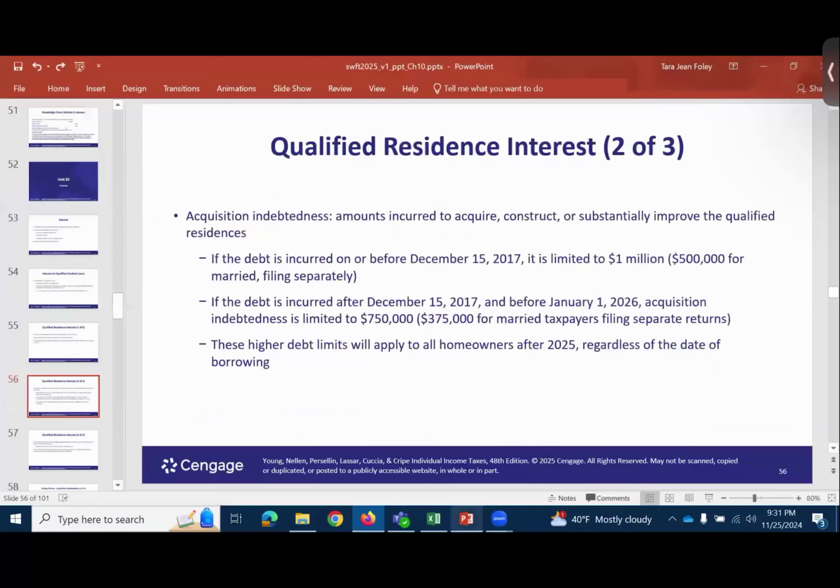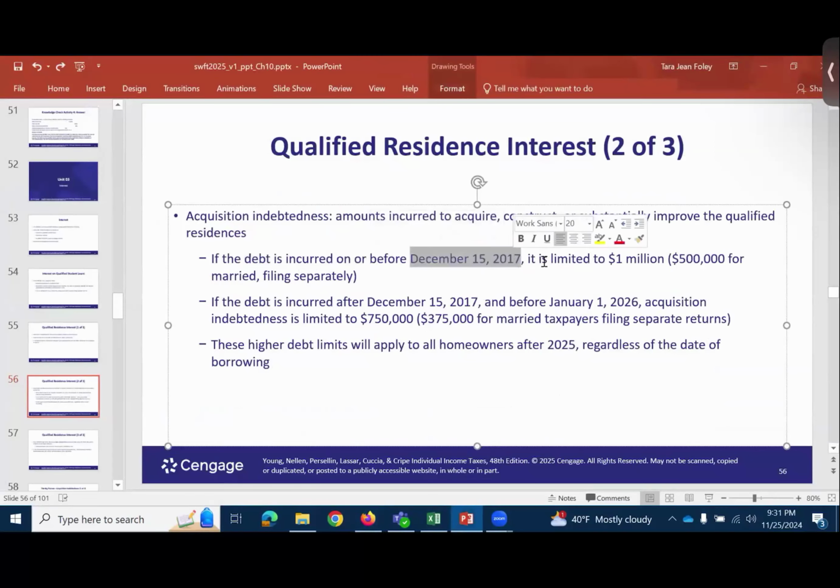So if the debt you incurred from the bank was before December 15th, the interest that you are allowed to deduct is limited to $1 million. Because maybe you're buying a $20 million house and you have $1 million of interest each year. It's limited to $1 million. If the debt was incurred after this date, it's limited to $750.